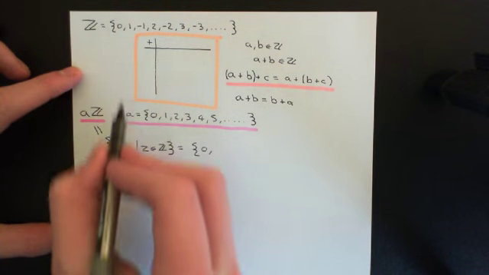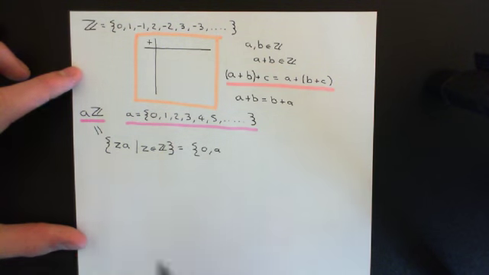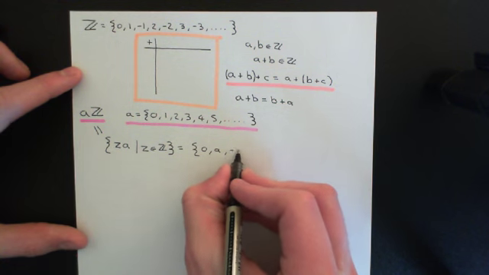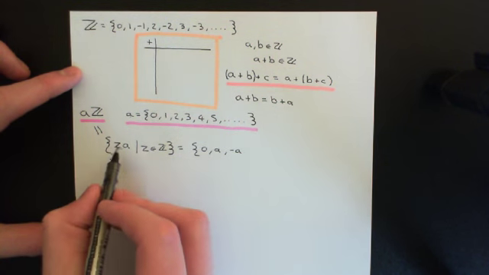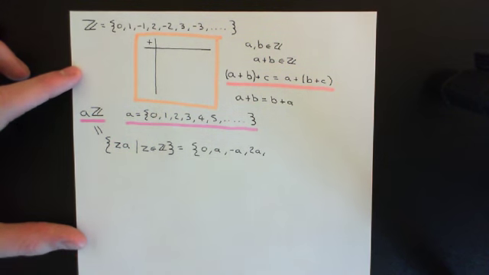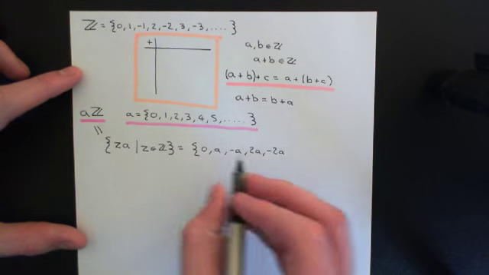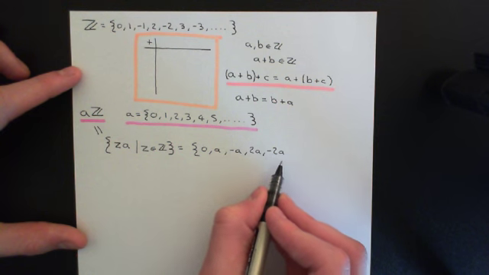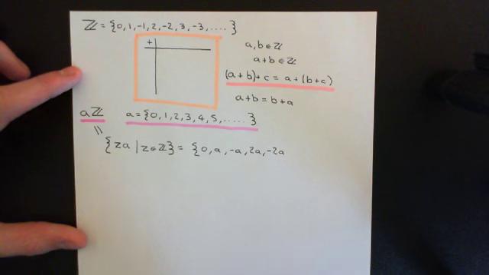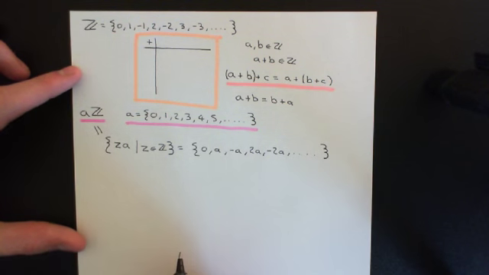When we put in 1 here for Z, we'll then get A, so 1 times A is A. When we put in negative 1 for Z here, we'll then get negative A. When we put in 2 for Z here, we'll get 2A, and so on. And you'll take all integer multiples of A. So you'll get 0, A, negative A, 2A, negative 2A, 3A, negative 3A, 4A, negative 4A, etc., etc. Okay, so you get all integer multiples of A, basically.